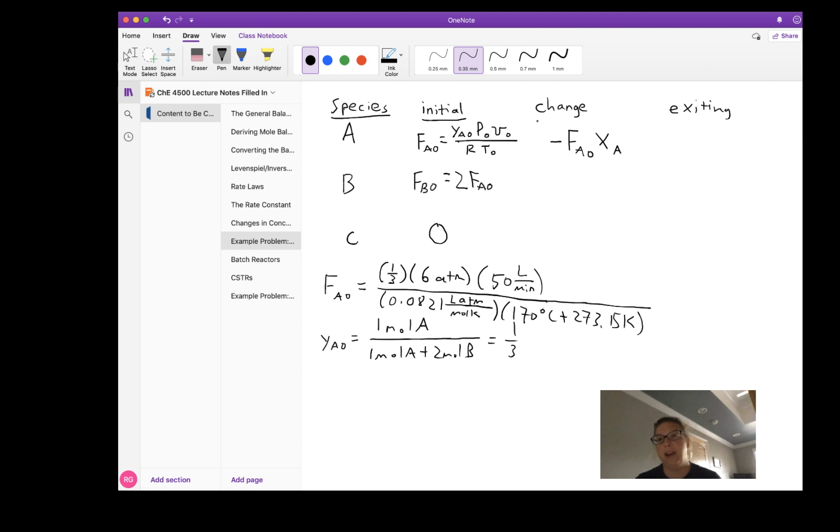So that's by how much the flow rate of A is changing. So that leaves me with the amount exiting the reactor as FA, which is equal to FA naught (1 minus XA), which we expect based on the development that we have come to this far in the class.